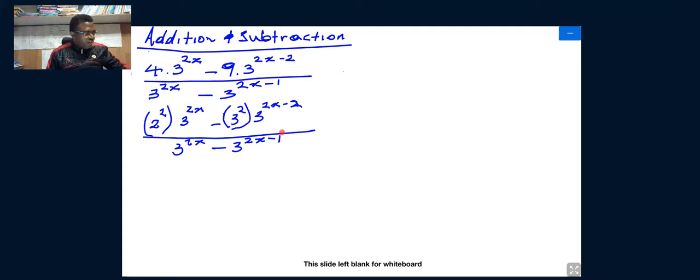What can we do with this information? We have now converted all the bases into prime factors.